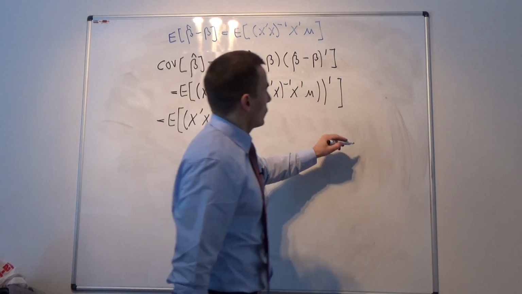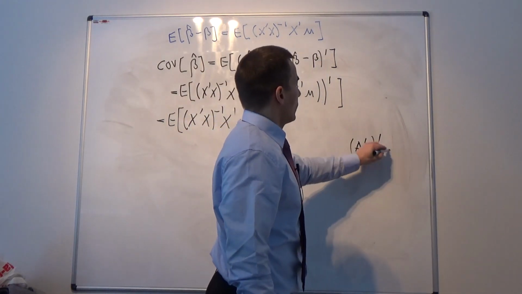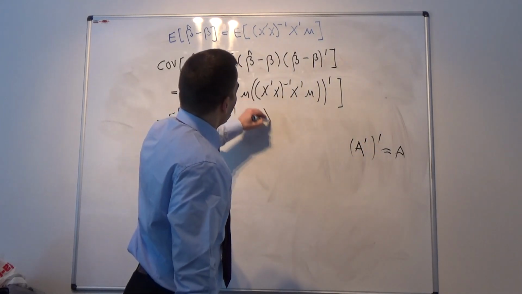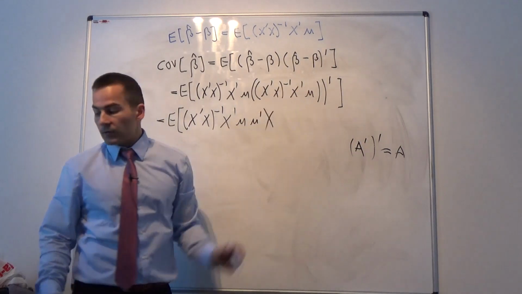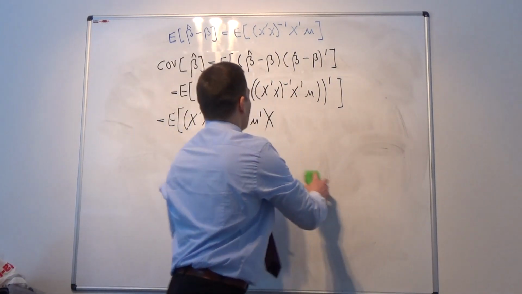If we transpose X, we know from linear algebra that a matrix A transposed transposed is the matrix A. If we apply this rule here, what comes here is X, obviously, because X transposed transposed is X, and we have to change the order.